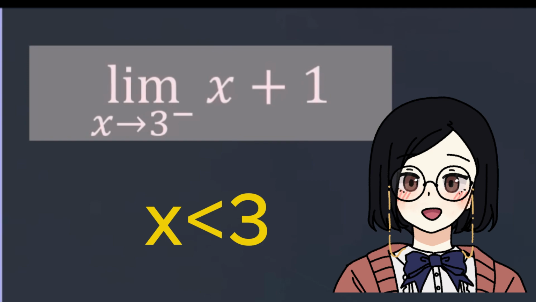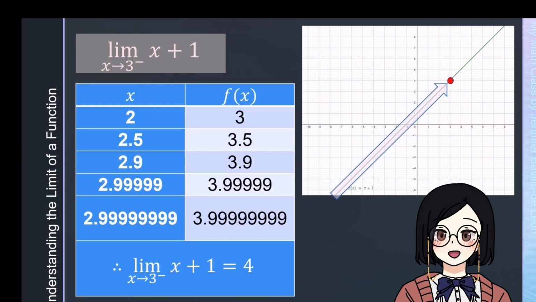For example, we choose 2. Evaluating the function, it will result to 3. If we choose 2 and 5/10, evaluating f of x when x is equal to 2 and 5/10, we will have 3 and 5/10. Do the same process for each chosen value.